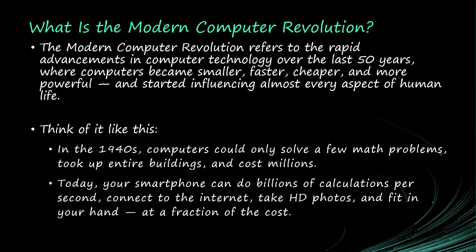The first computer took a lot of space, but your smartphone can fit into your hand. The computer of the 1940s cost millions, but your smartphone costs just a fraction of the cost of the first computer.